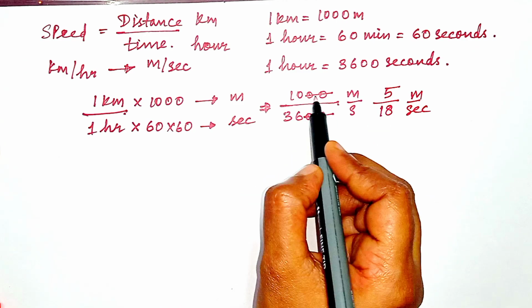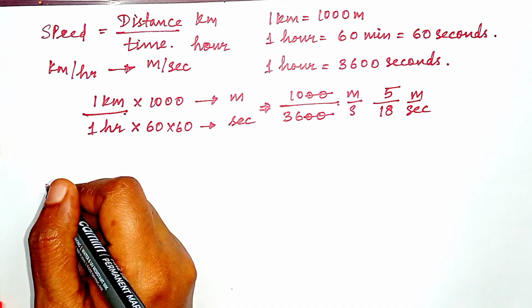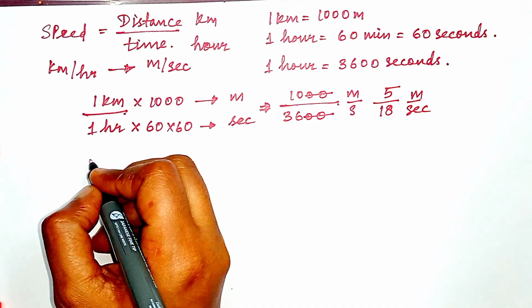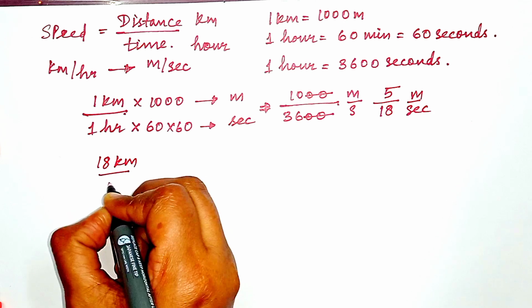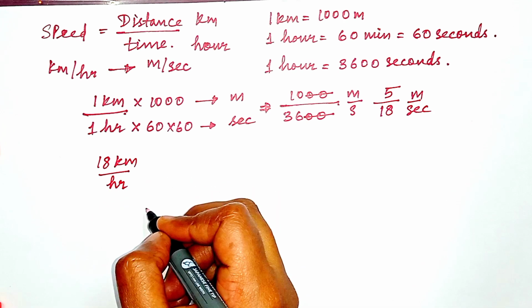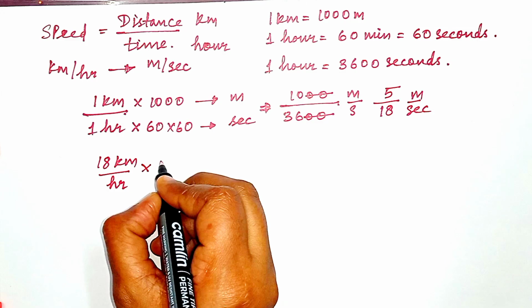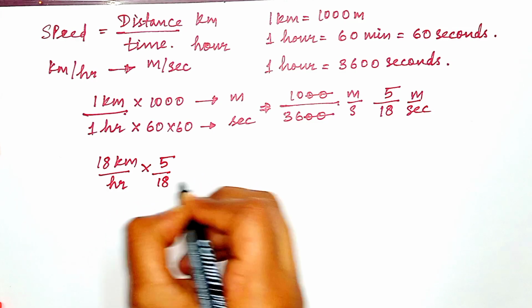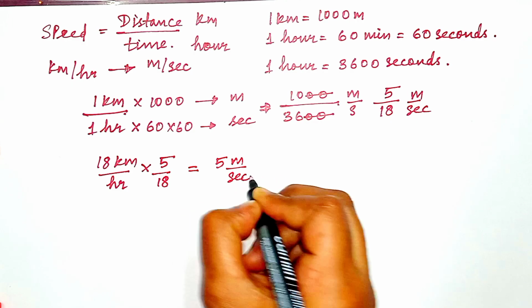How is it 5 by 18? Just cancelling it: 2 5s are 10 and 2 18s are 36. So in case you are given a value of 18 kilometer per hour, how will you convert it into meters per second? You have to directly multiply it by 5 by 18, which should give you 5 meter per second.